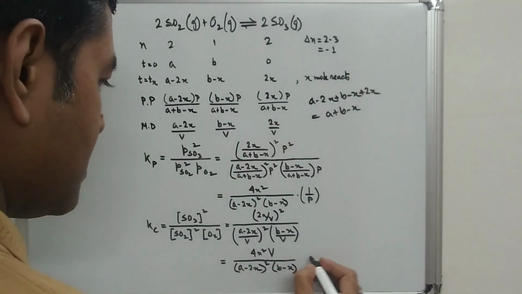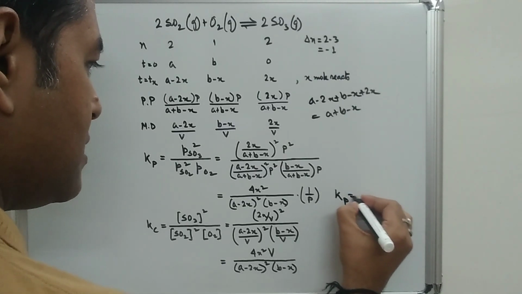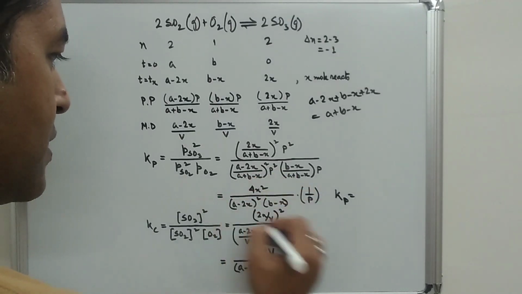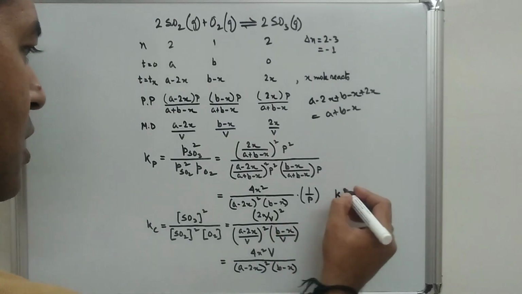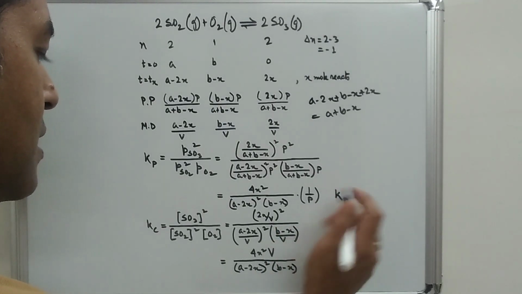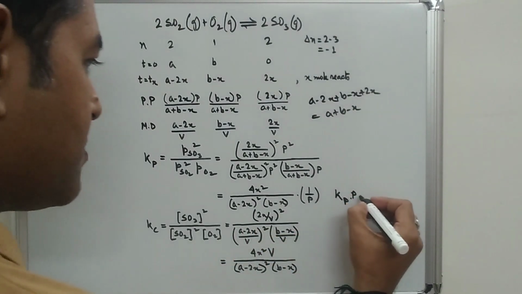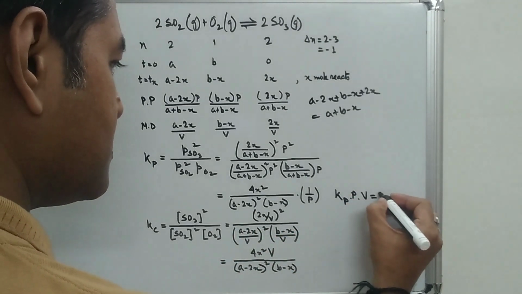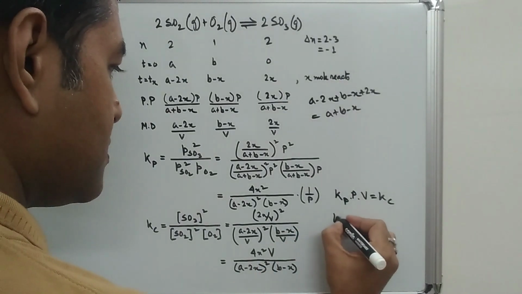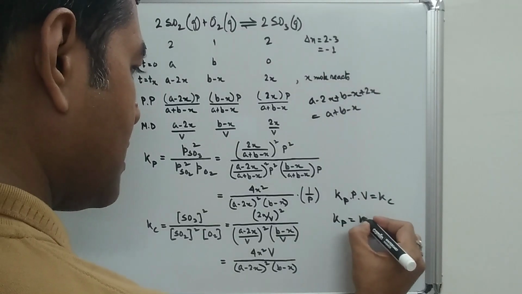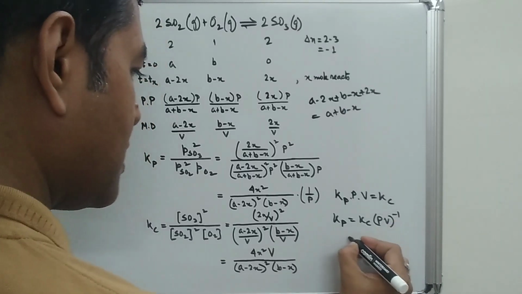Now, if we calculate the relation between Kp and Kc, Kp is this term and Kc is this term. So Kp multiplied by P will be this term multiplied by V, which equals Kc as per our problem. So Kp will be Kc into (PV) to the power minus 1.